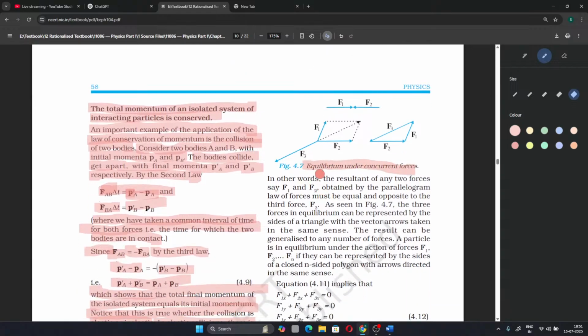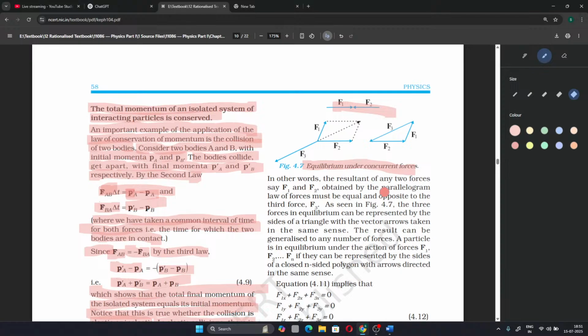Equilibrium under concurrent forces. This is a diagram showing three different representations. This is the force F1 and F2. When F1 and F2 are equal in magnitude and opposite in vector form, and these forces are acting on a body, then the body will be in equilibrium.